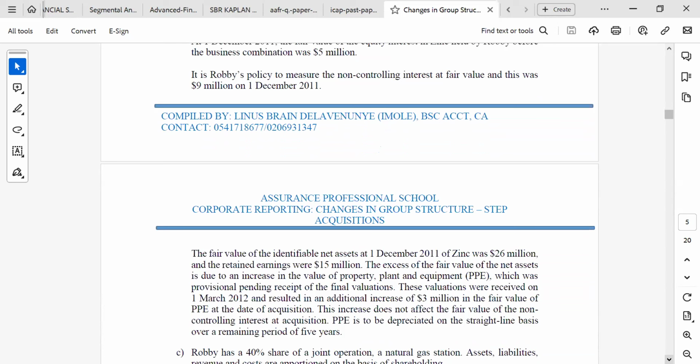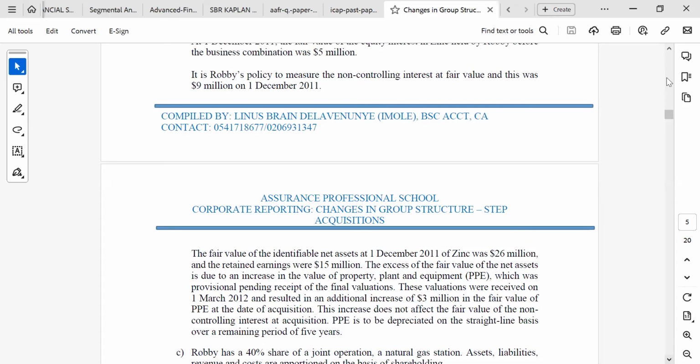The excess of the fair value of the net assets is due to an increase in the value of property, plant, and equipment, which was provisional pending receipt of the final valuations. These valuations were received on 1st March 2012 and resulted in an additional increase of $3 million in the fair value of PPE at the date of acquisition. This increase does not affect the fair value of the non-controlling interest at acquisition. PPE is to be depreciated on a straight line basis over a remaining period of 5 years.